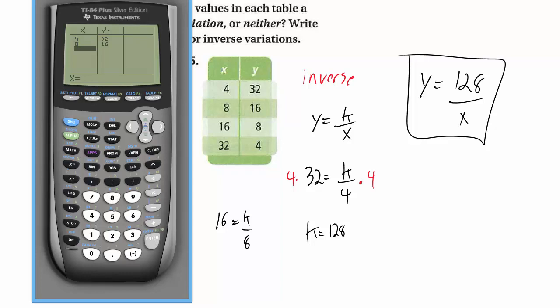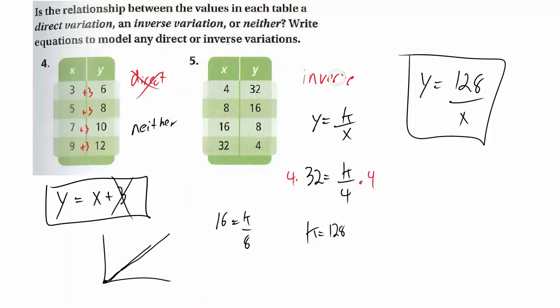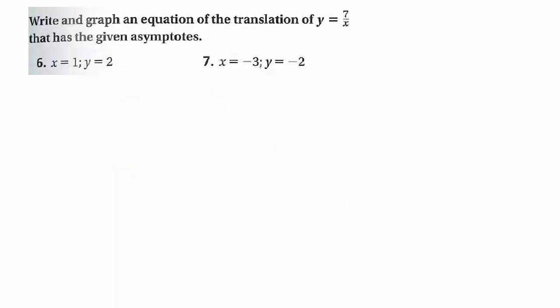If I put an 8, it outputs a 16. If I input a 16, it outputs an 8. If I input a 32, it outputs a 4. And if I wanted to guess other numbers, say 10, it would output 12.8. Now you can use this variation to complete infinitely many sets. So it's an inverse variation, and this is the model of the inverse.